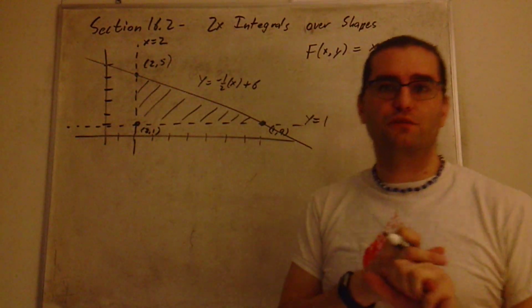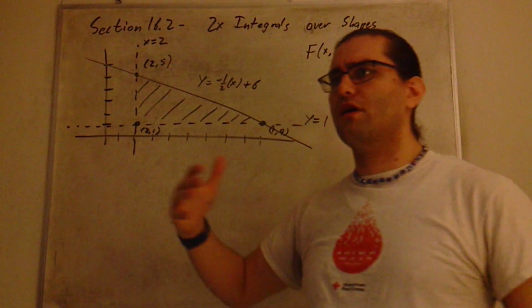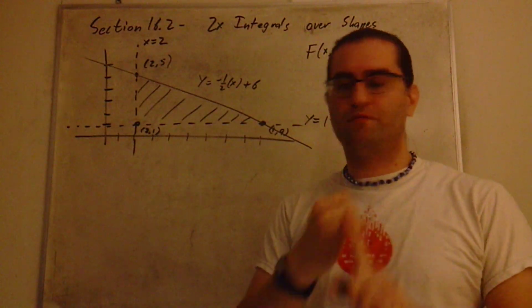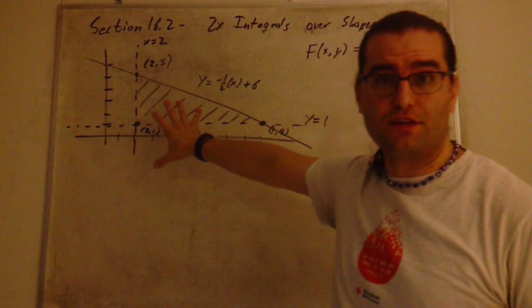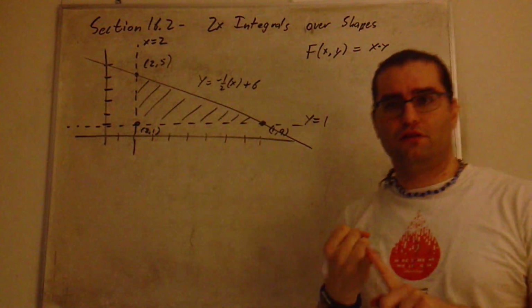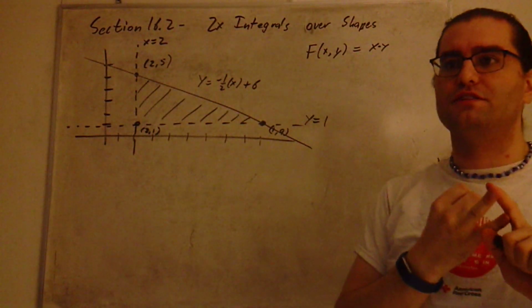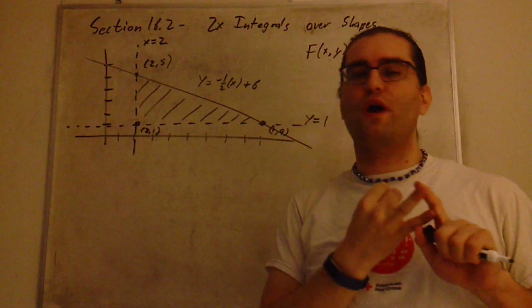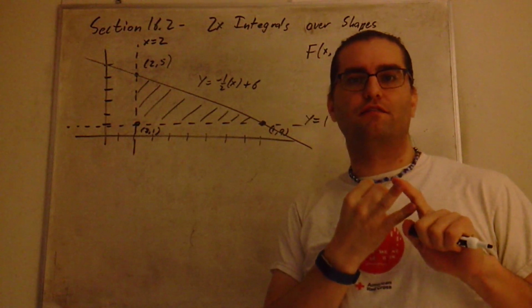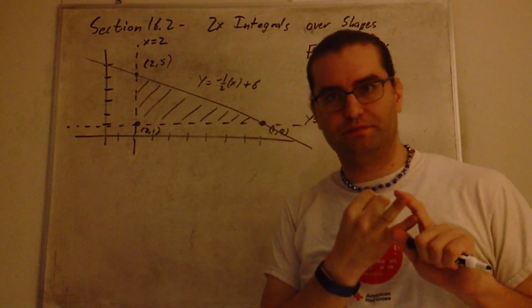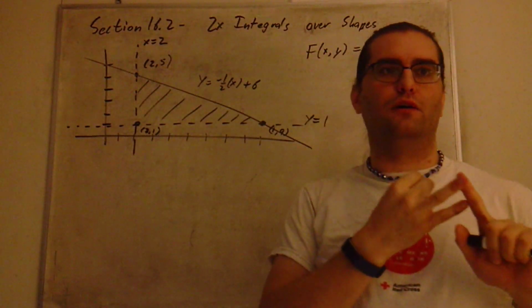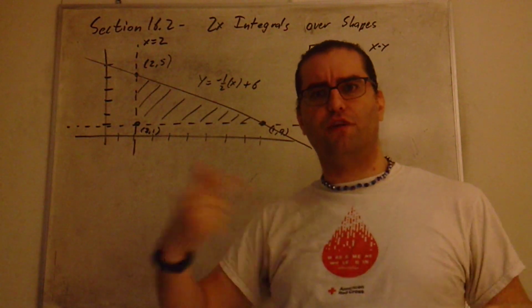When we were doing those sections, our first order of business was to draw a picture, like this, which we've already done. The second order of business was choosing whether we were going to slice this thing vertically or horizontally, which mattered a lot when we were doing volumes of rotation.